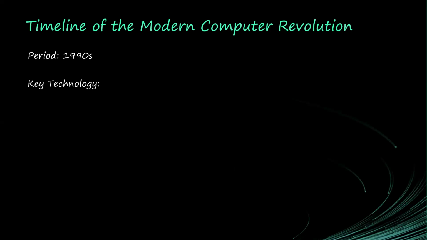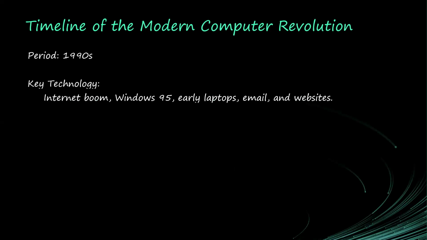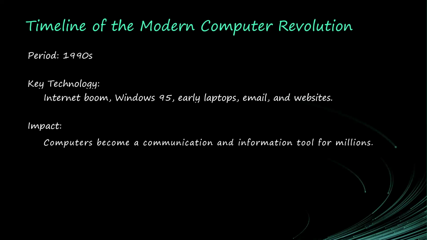In the 1990s, the key technology was the internet, Windows 95, early laptops, email, and websites. What was the impact? Computers became a communication and information tool for millions of people.